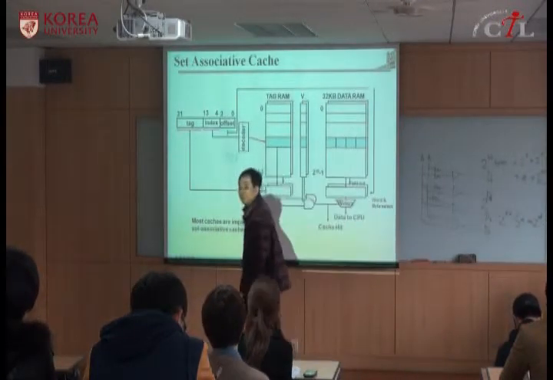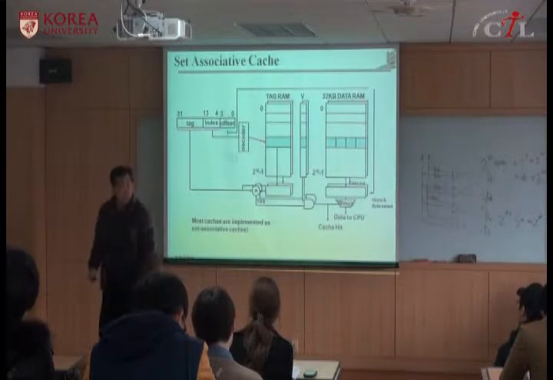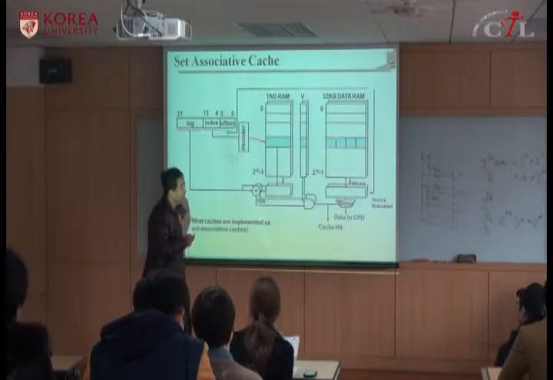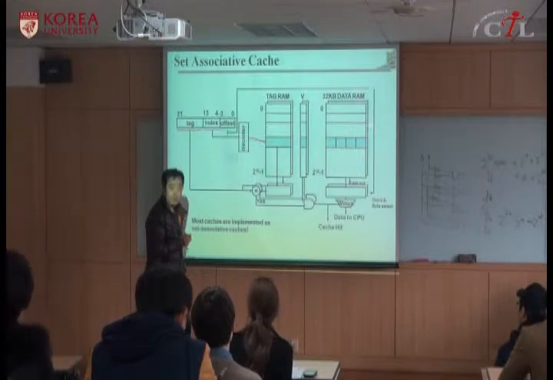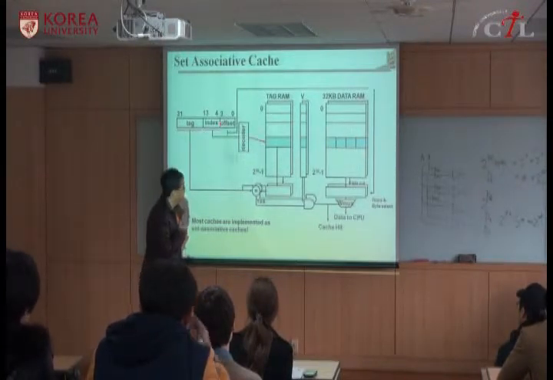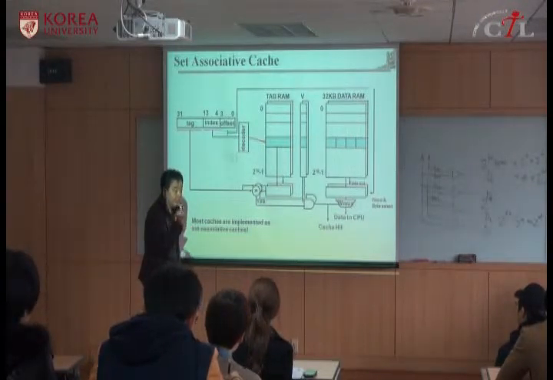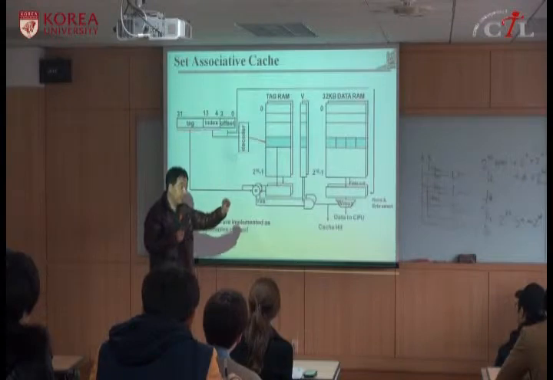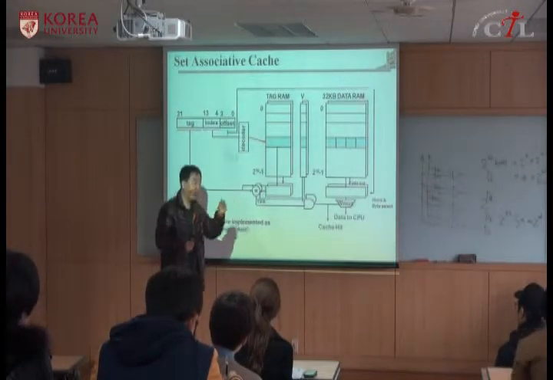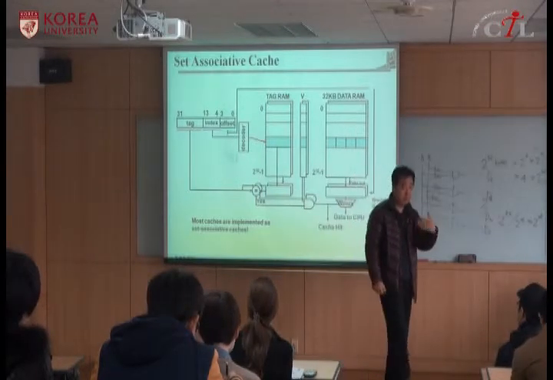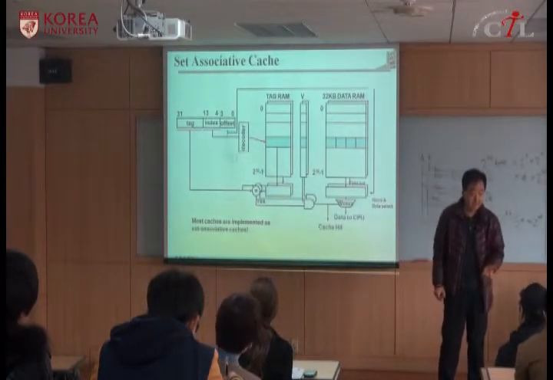So you are given a 32-bit address as before, and the offset is the same as before. You identify 1 out of 16 bytes, so that's why you need a 4-bit offset, right? That's the starting point of the address. The address is a byte address, and depending on the object, you need to extract 4 bytes or 8 bytes or 1 byte or something like that, right?